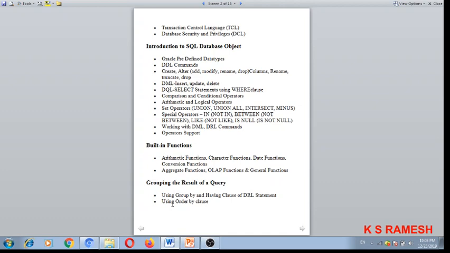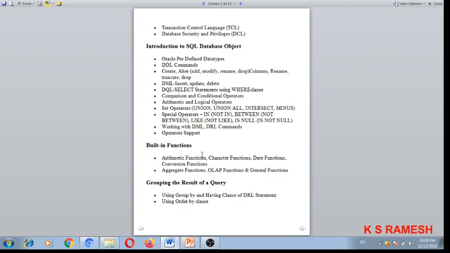In this we will learn all set operators like union, union all, intersect, minus, and different kinds of special operators. And also we learn some DML commands and DDL commands. And also built-in functions: arithmetic functions, character functions, date functions, conversion functions.